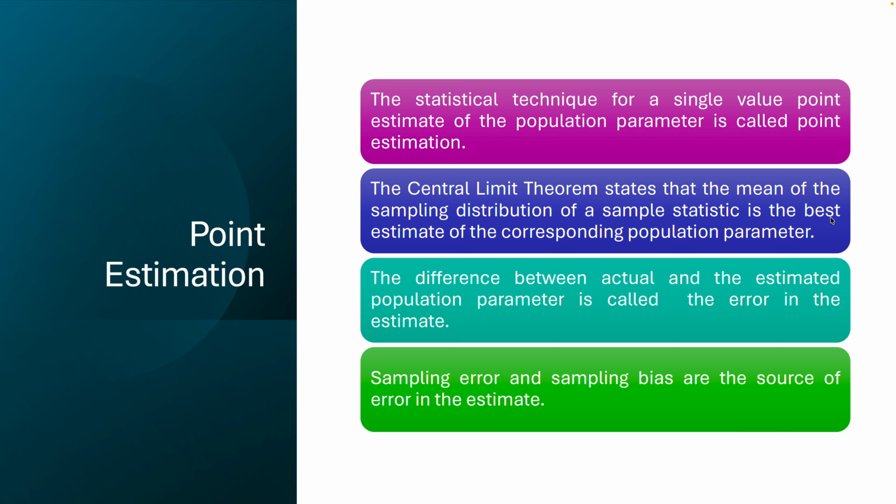Now, the sampling distribution is a theoretical distribution which we never get to see, but we know that the sample statistic is originating from the sampling distribution. Within the sampling distribution, the most likely value to occur in the sample is the expected value of the sampling distribution because it has the highest probability.